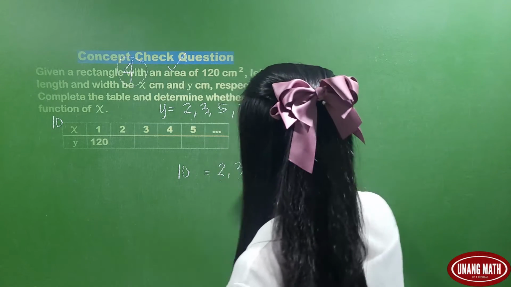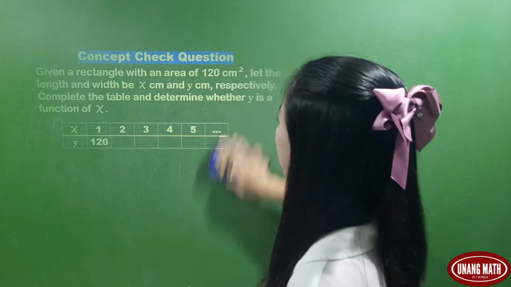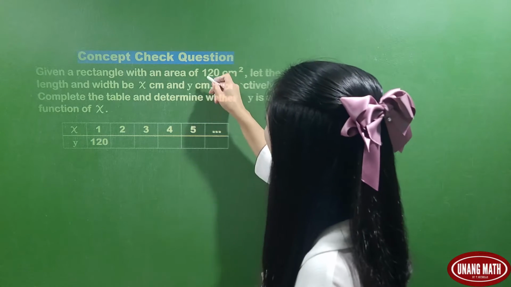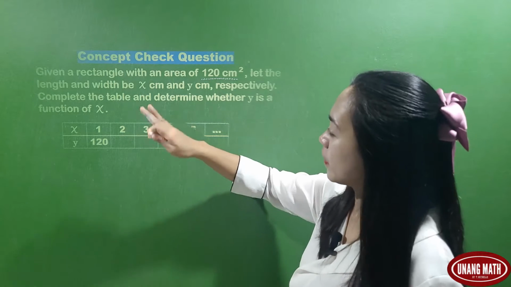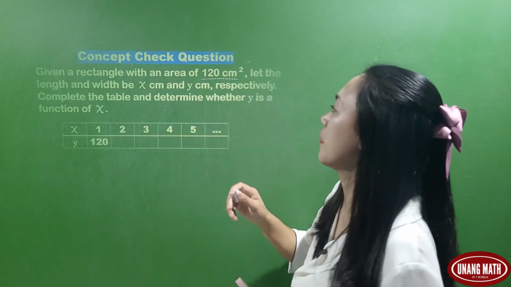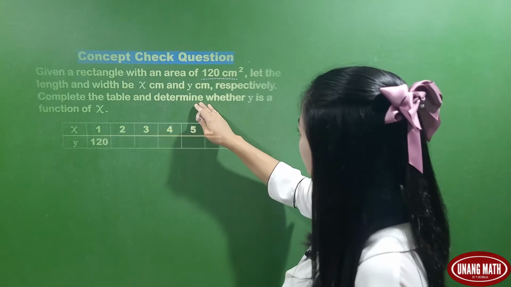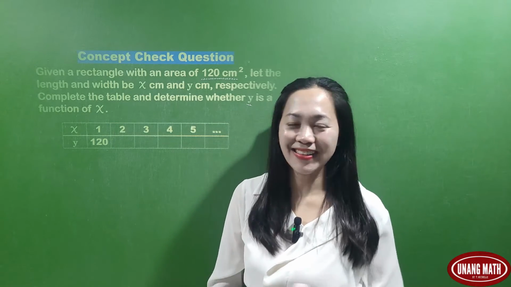Moving on, let's answer this concept check question. Given a rectangle with an area of 120 square centimeters, let the length and width be x centimeters and y centimeters respectively. We will complete the table and determine whether y is a function of x.